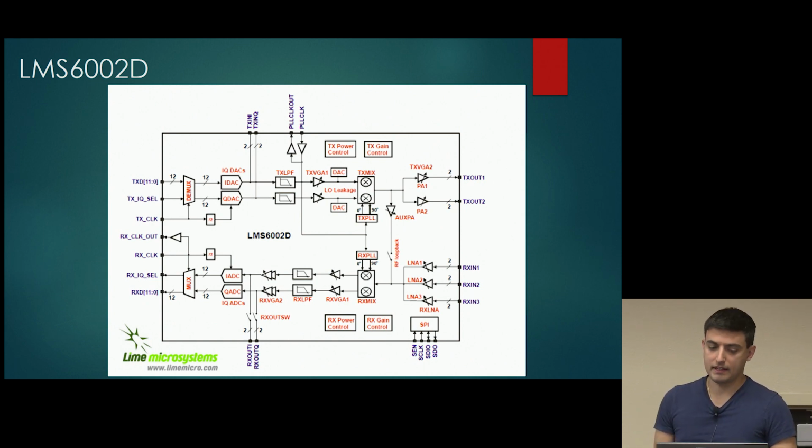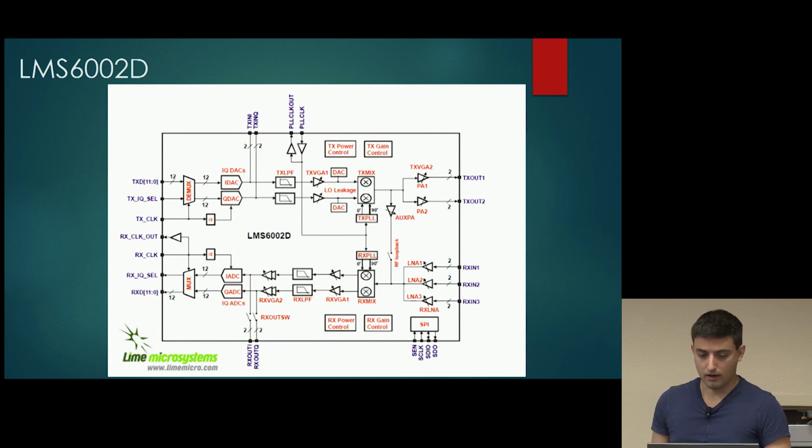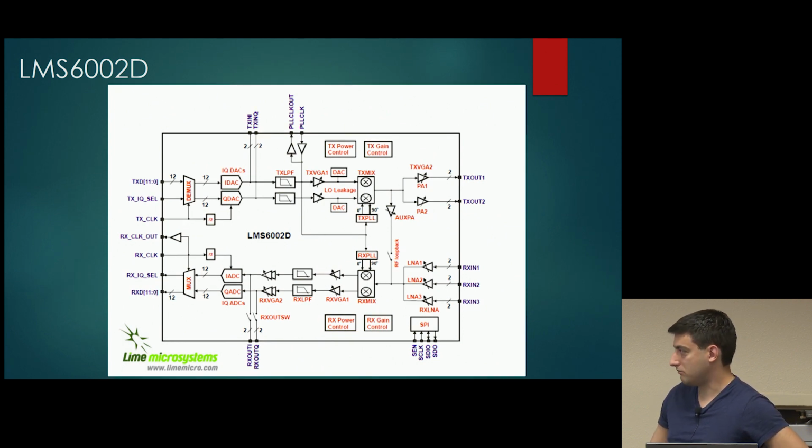They go through a D to A. Things are baseband filtered. There's a baseband amplifier, which then feeds things into an IQ modulator, which has an LO source that is on the chip, and things get bumped up to RF.